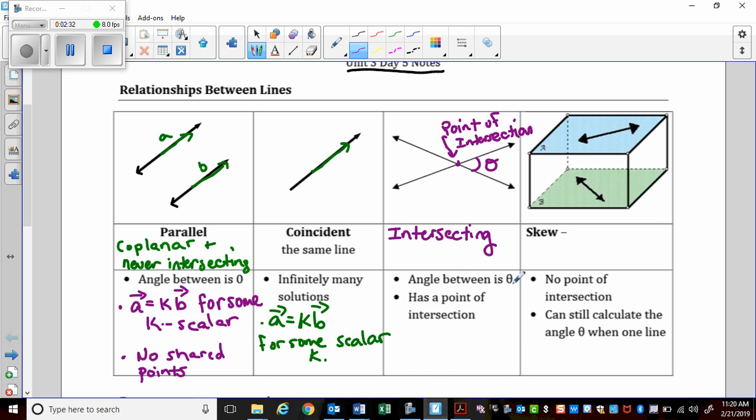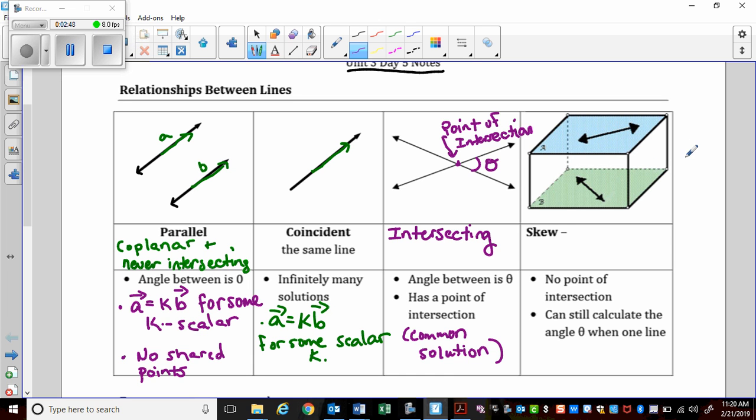The angle between is theta and has a point of intersection, so they have one common solution, and that is that point of intersection.